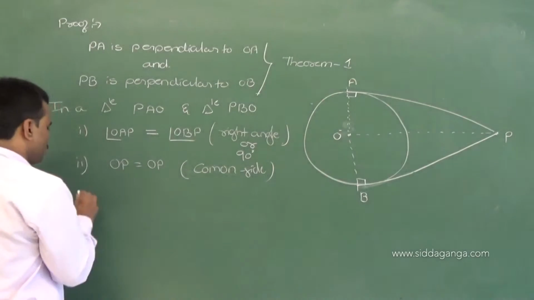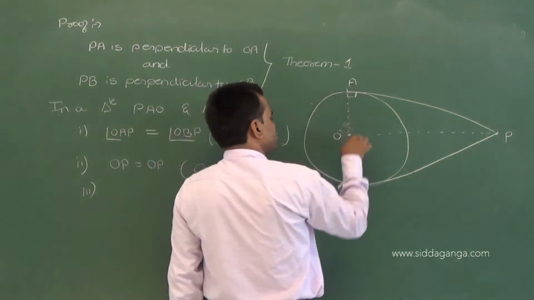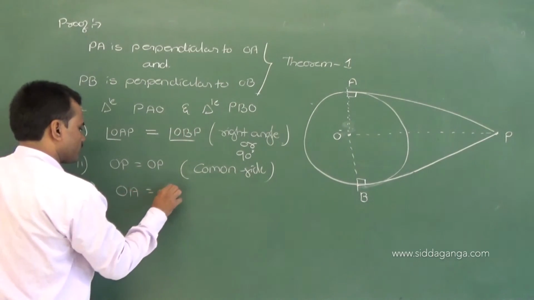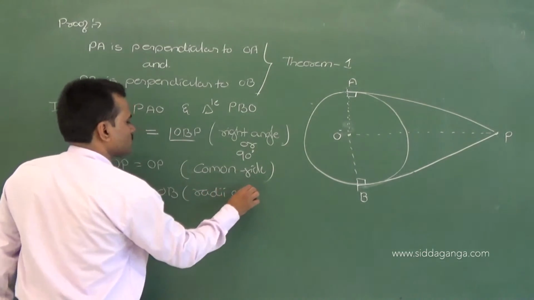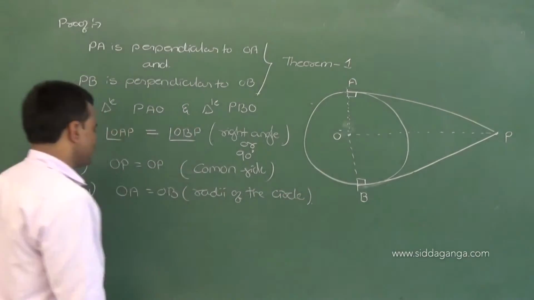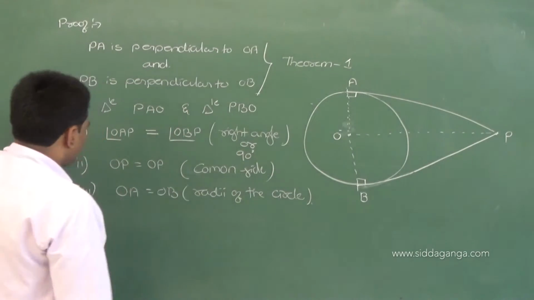OP is equal to OP. Third point. OA is equal to OB, radii of the circle. OA is equal to OB, radii of the circle. So observe carefully.